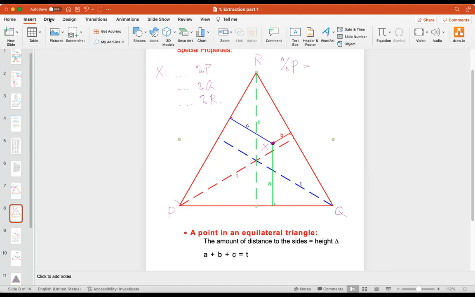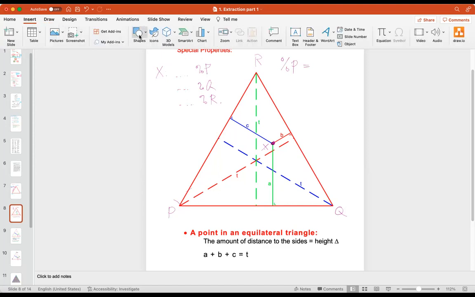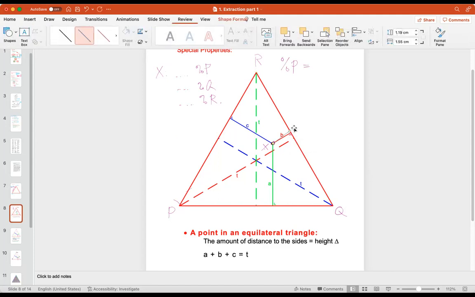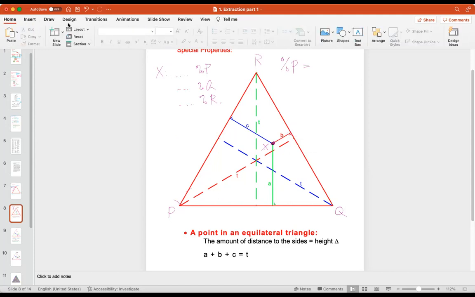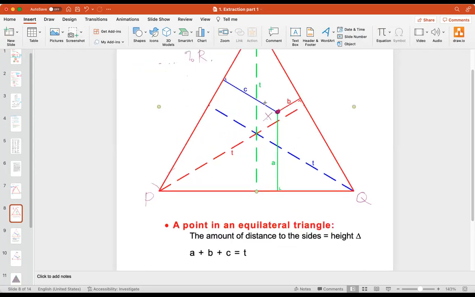From here to here, I read it, maybe about 2.1 centimeters.